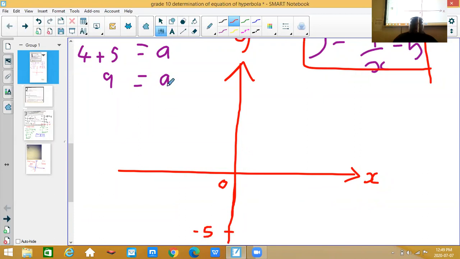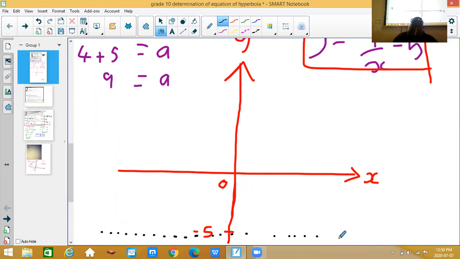You are not yet well versed with that, but anyway, the one that we have, q is -5. Since it is -5, this is the horizontal asymptote that we have.